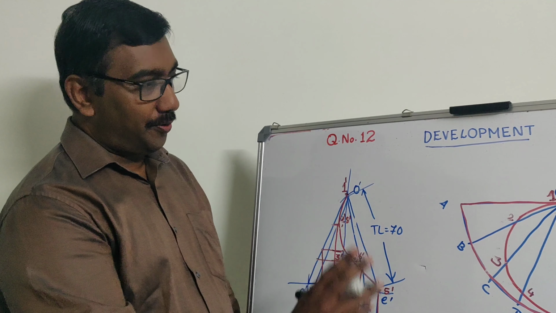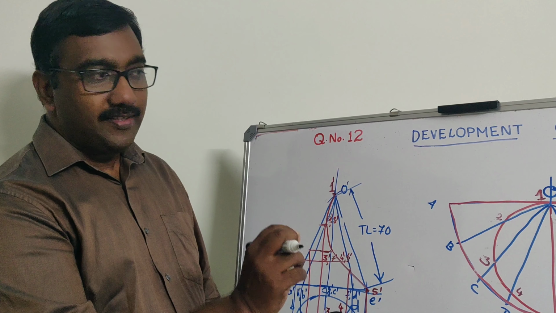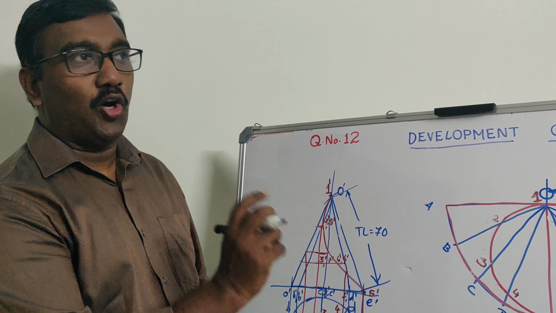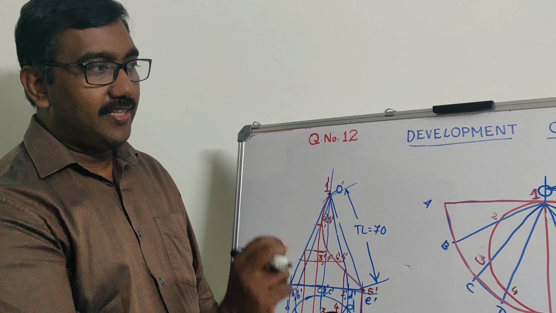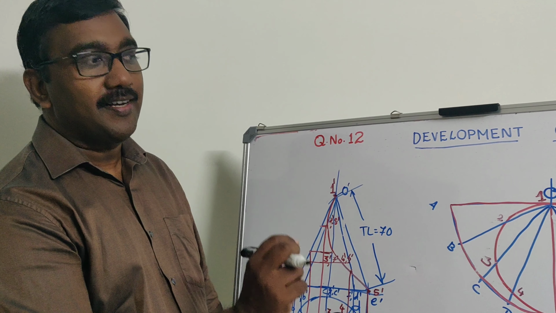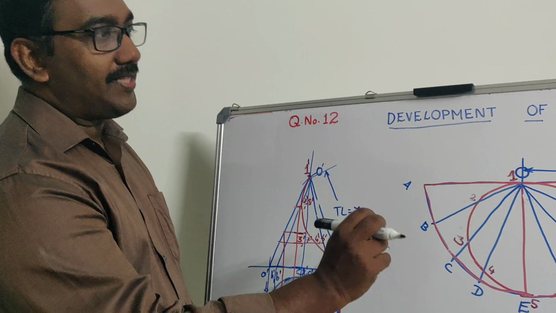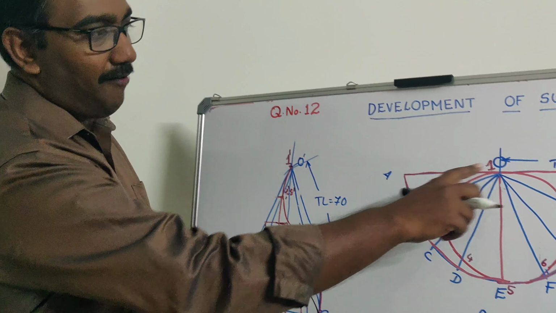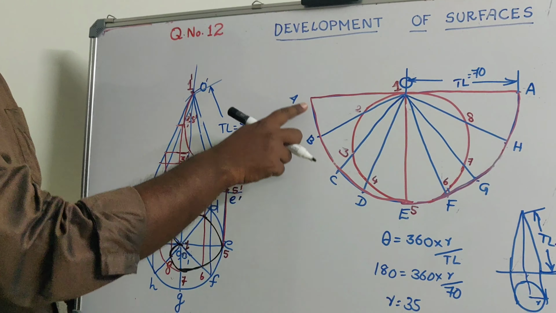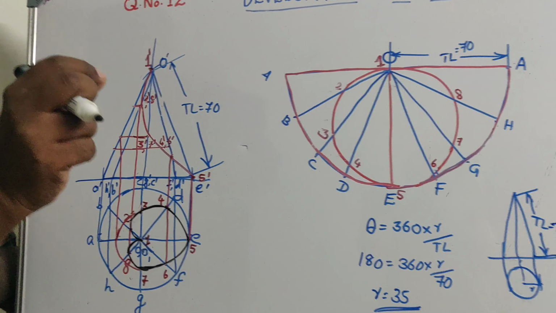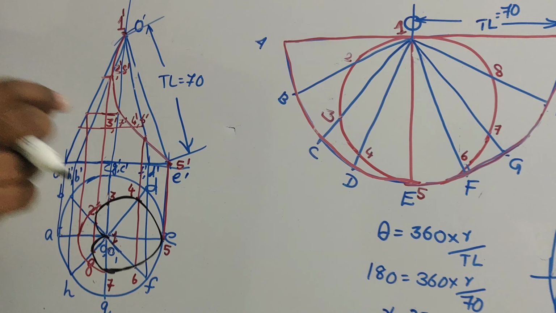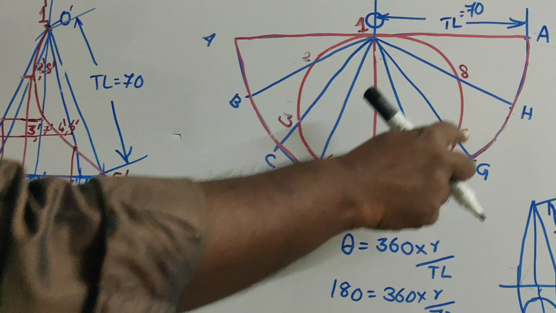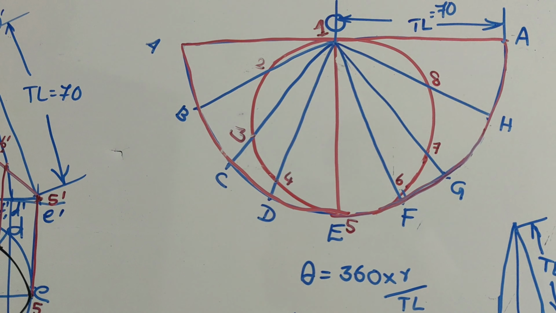Now I am going to conclude. We have started with the development of the cone. In the question it was given that the development is a semicircle with 70 mm radius. We have drawn the semicircle with 70 mm radius. In the question it was given that there is a circle inscribed inside the semicircle with the maximum diameter.